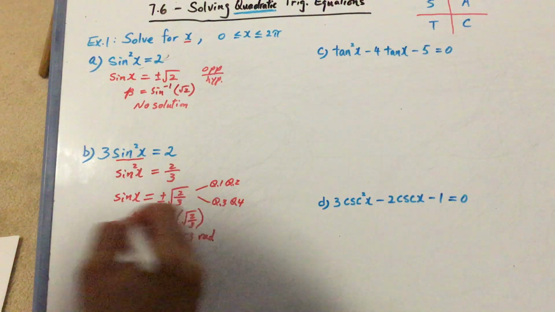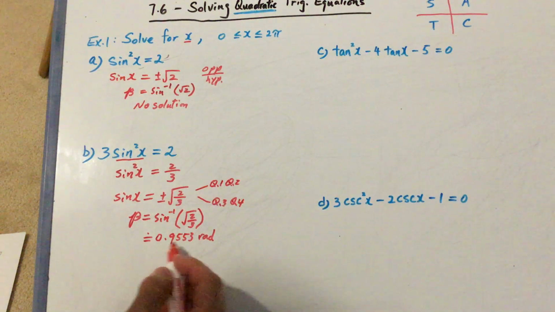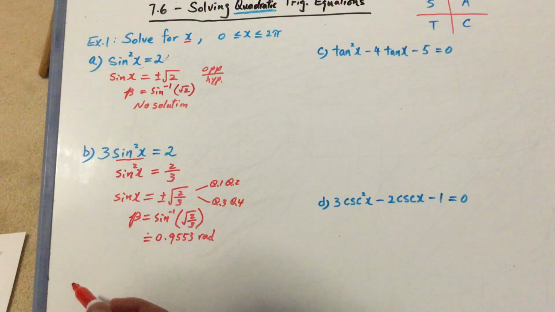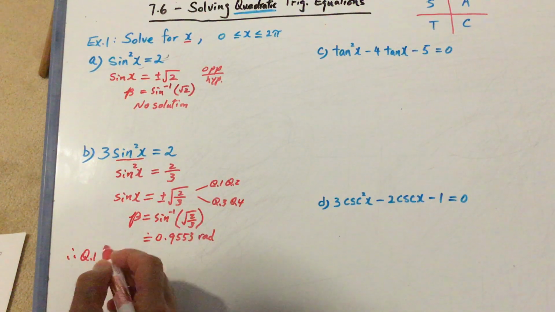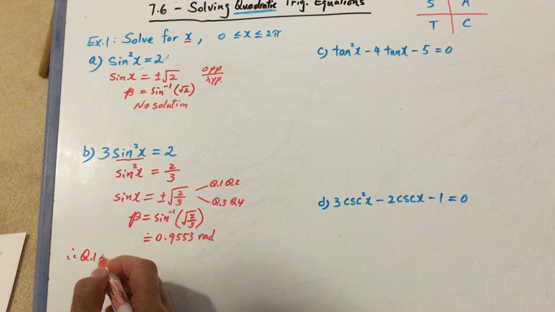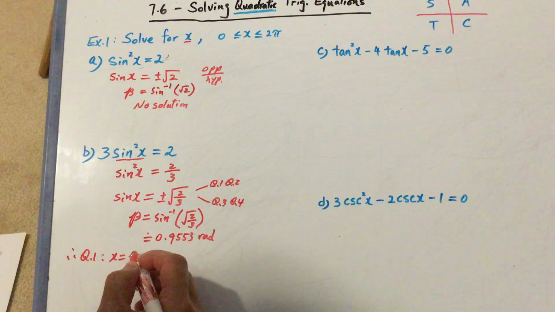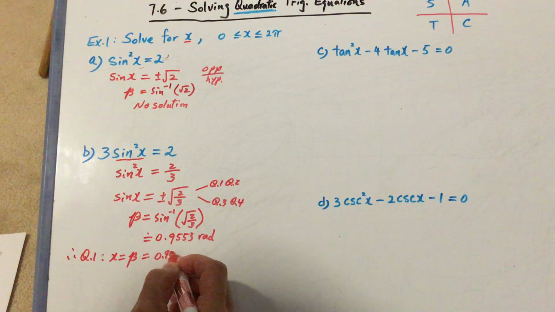Remember, we like to make sure that when you round to 4 decimal places, the answer will be more accurate for the principal angles. So the principal angle in quadrant 1 is equal to the related acute angle, so you have the same answer.